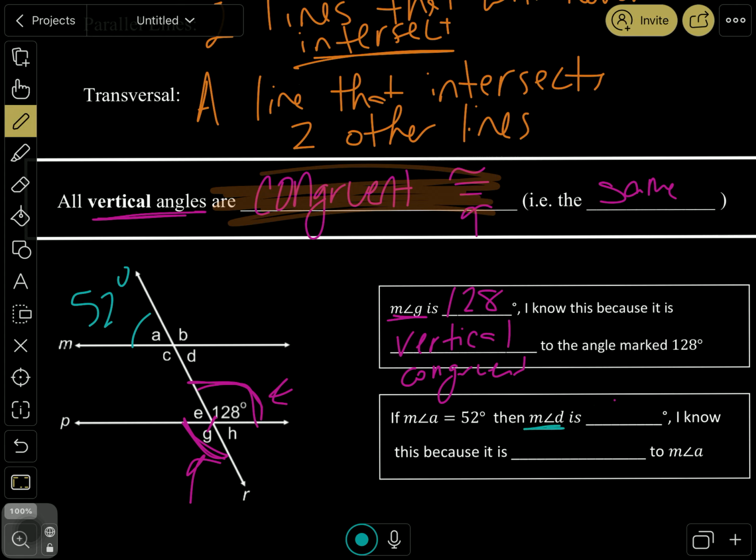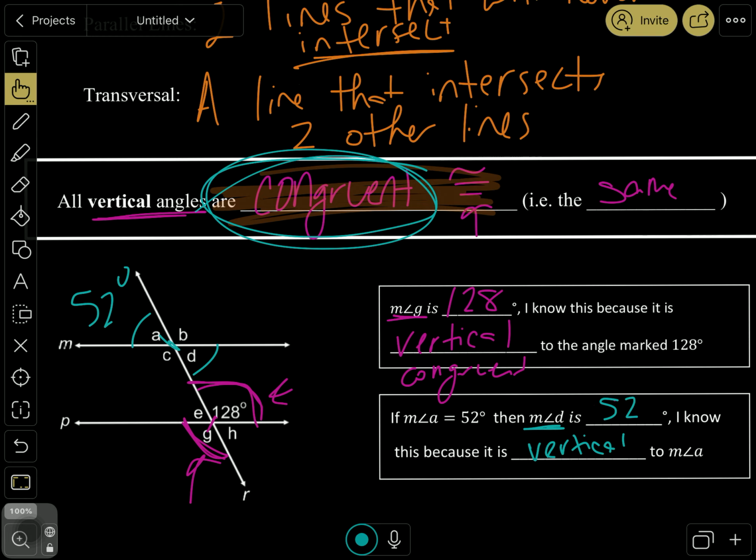What is the measure of angle D? Well, once again, A and D are directly across from each other. Since they are directly across from each other, they are vertical angles. Since they are vertical angles, I know that they must be congruent to one another. So if A is 52, then D has to be 52 degrees.